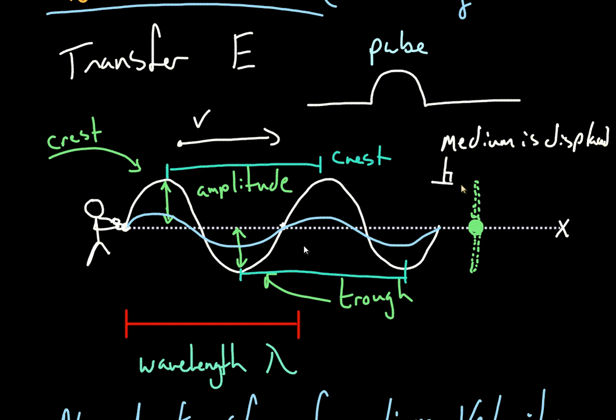I'm just going to use this symbol for perpendicular to the velocity direction or wave travel direction. So the medium moves perpendicular, and the wave moves along the medium like that. Just maybe put that in. And we should probably label this as well. This type of wave up here is called a transverse wave.